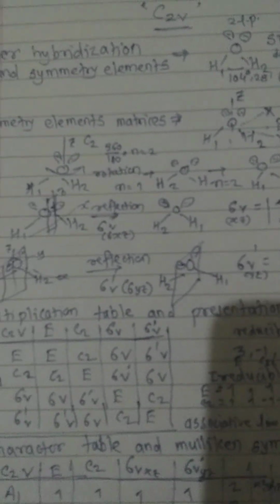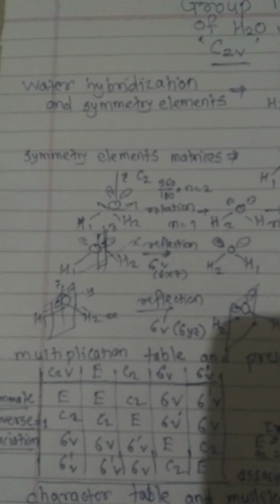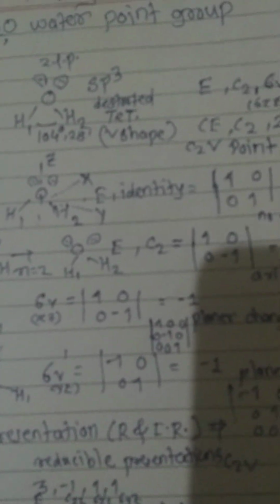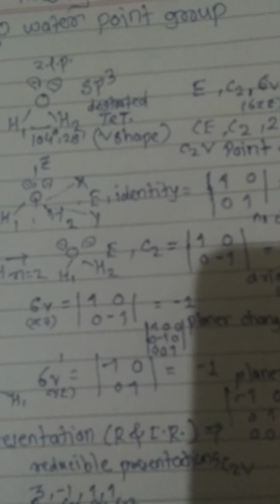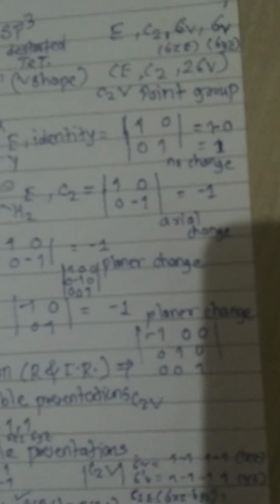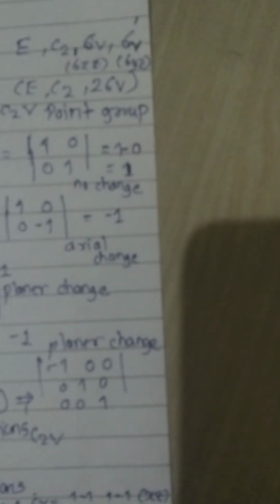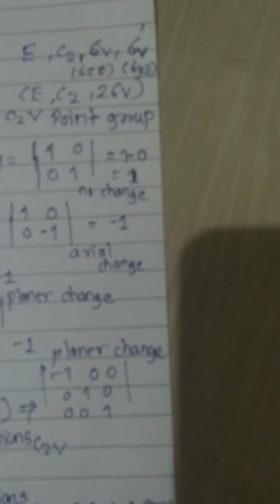And for the sigma dash v, the next symmetry element, that is sigma yz, the plane passes vertically through the lone pairs. The 2 by 2 matrix will be minus 1 0 and 0 1. The value will be minus 1. If the 3 by 3 form is taken, planar change for this plane, minus 1 0 0, 0 1 0, 0 0 1.